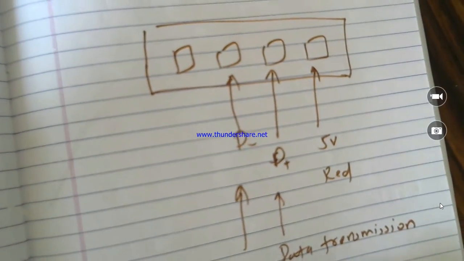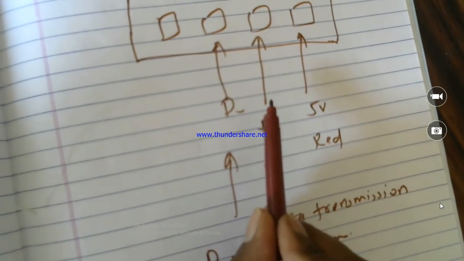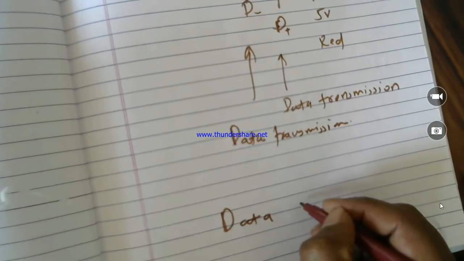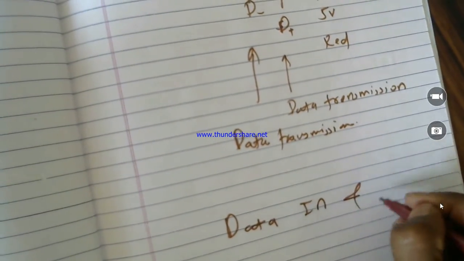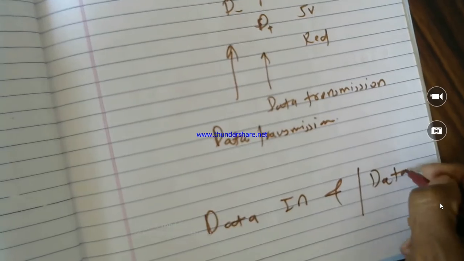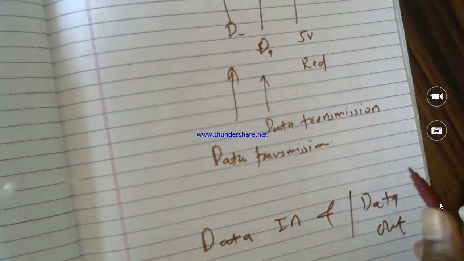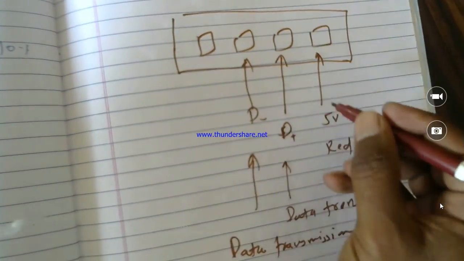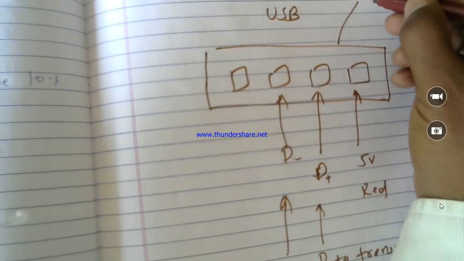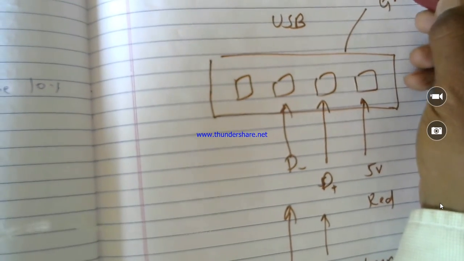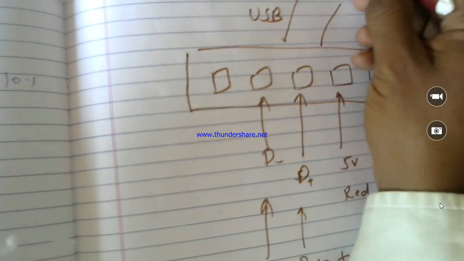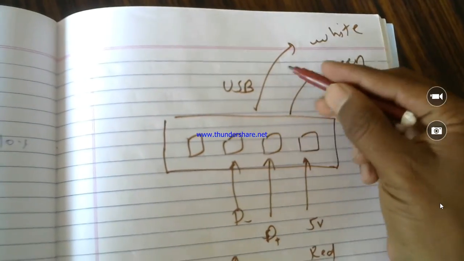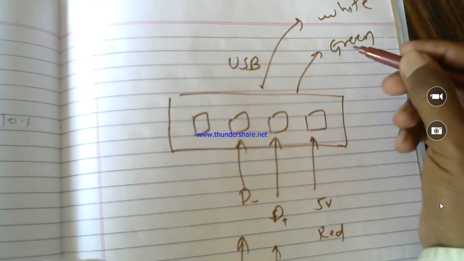These 2 pins are used for data in and data out. The colors of these 2 pins are green and white.